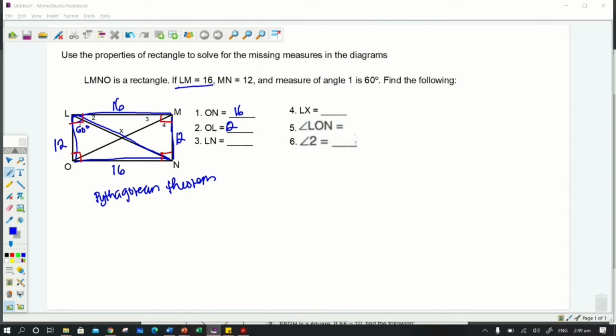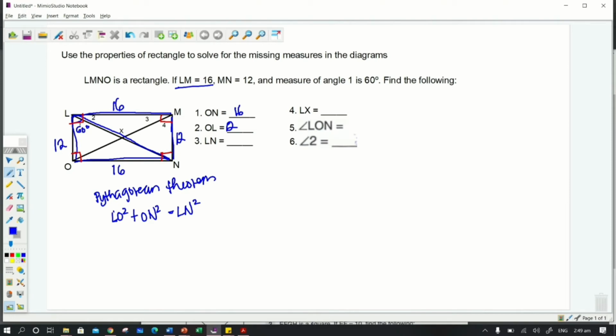So pwede natin sabihin na LO squared plus ON squared, since ito yung ating sides ng triangle. So LO squared plus ON squared is equal to LN squared. So ito yung definition natin ng Pythagorean theorem. The sum of the squares of the two sides is equal to the square of its hypotenuse.